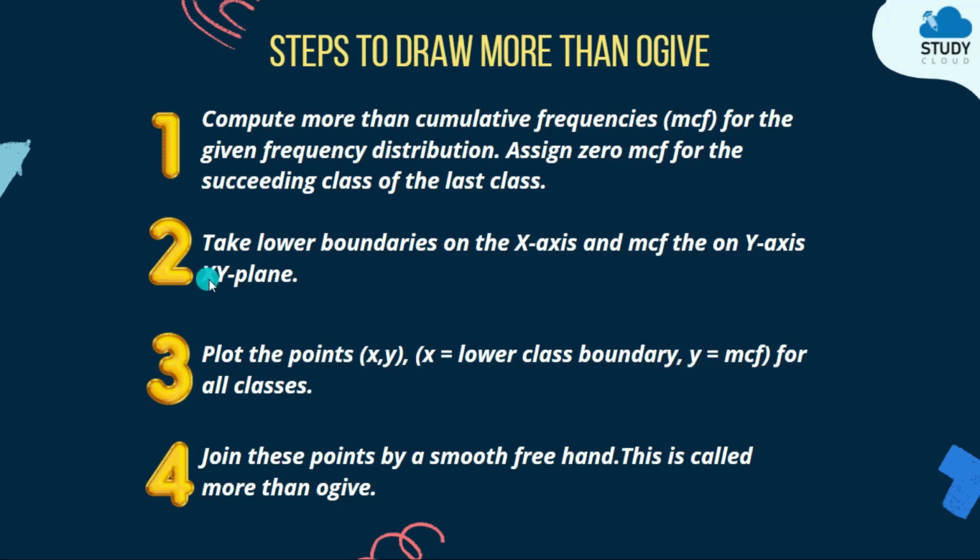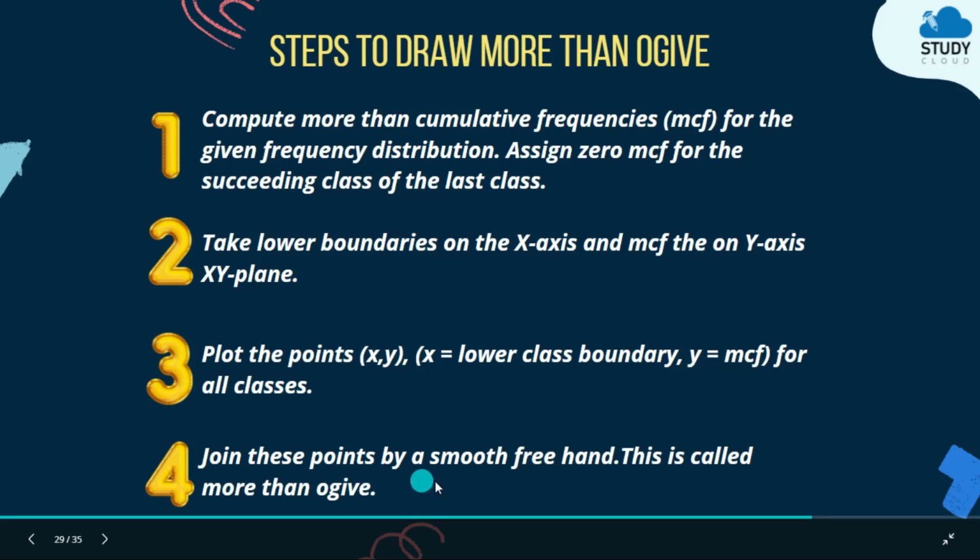Second point: here take lower boundaries. So remember, we have to take lower boundaries on the x-axis and MCF, that is, more than cumulative frequency, on the y-axis of the xy plane. Then plot the points xy, where x on the x-axis is the lower class boundary and y is the MCF for all classes.